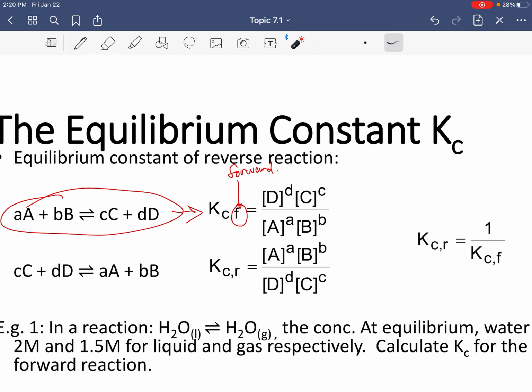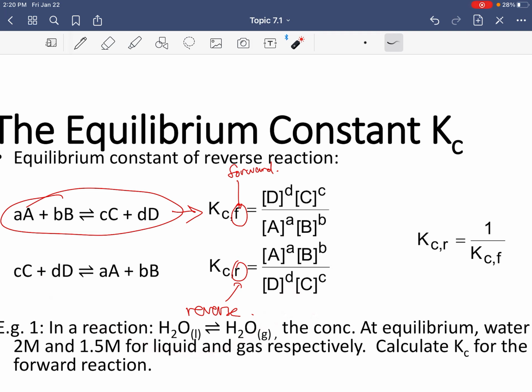If you flip this reaction around, you're seeing this as a reverse reaction. Hence, that's what the R stands for here, reverse. Then you'll have A and B now being the products in the numerator, and C and D now being the reactants in the denominator.